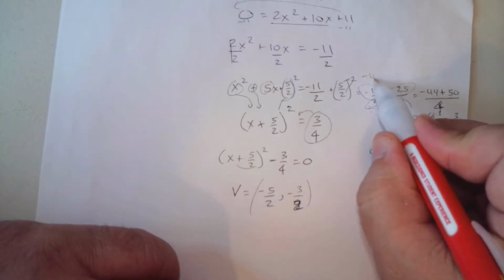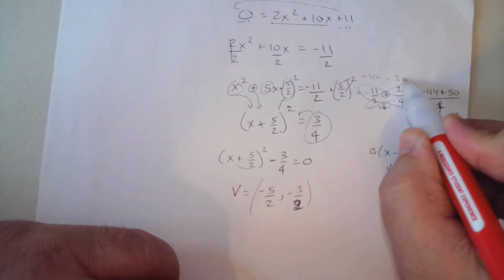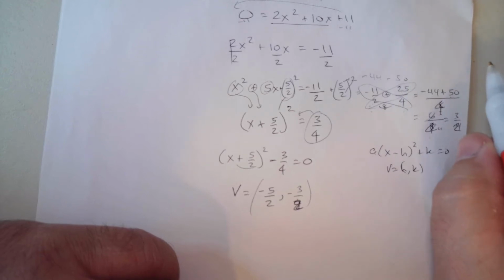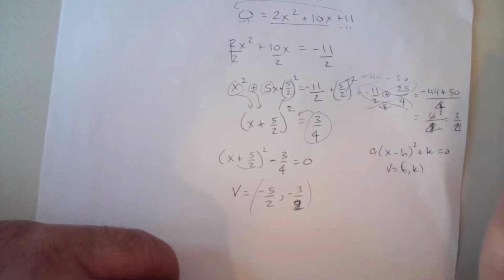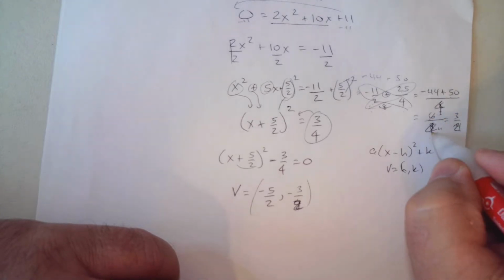Okay, so it's negative 44 plus 50. That makes it a positive 6. 2 times 4 is 8.